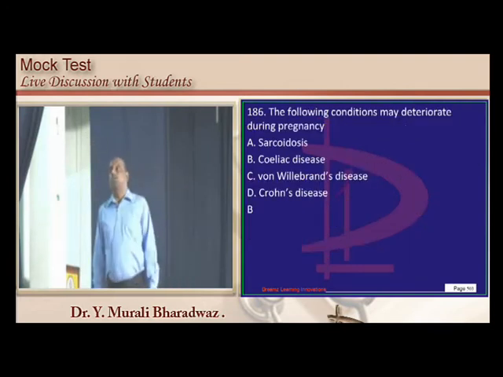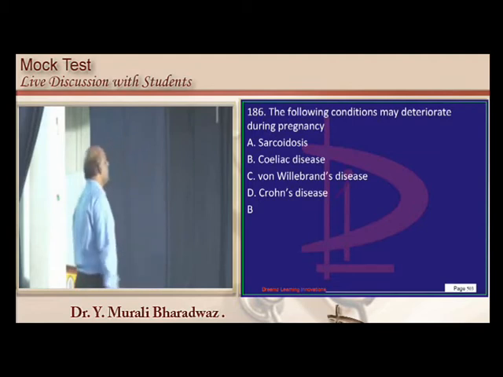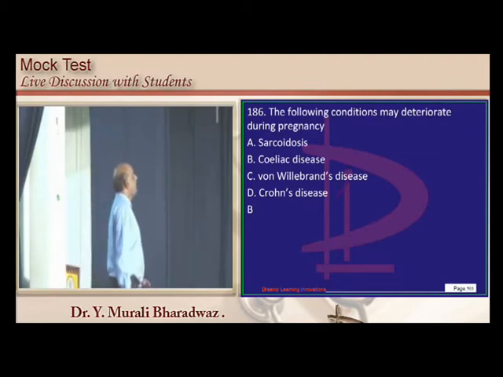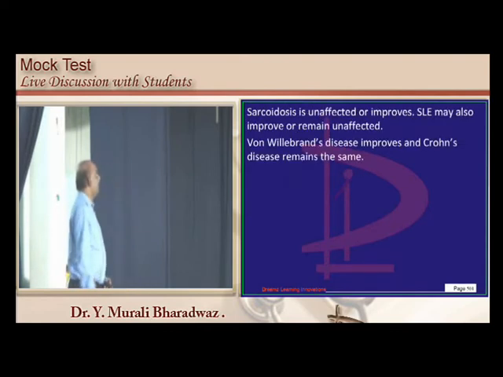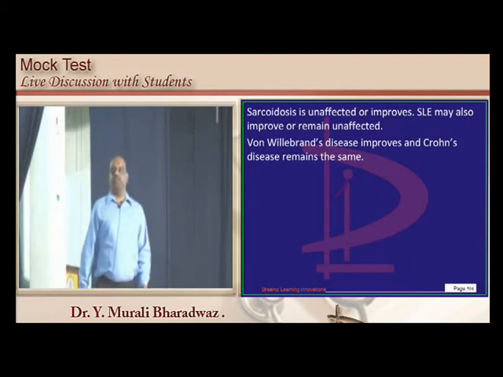Now, what are the conditions that can deteriorate with pregnancy? Celiac disease typically can deteriorate, whereas von Willebrand improves, Crohn's remains static, and sarcoidosis may be unaffected or improve. So those are the differences.